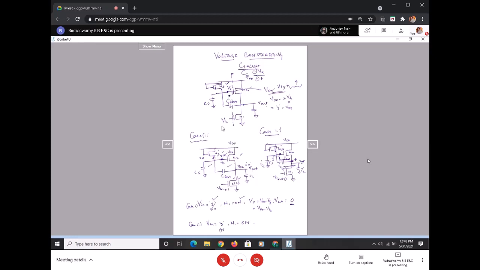And now when Vin becomes 0, this has to go high, and the moment this is going high, because of this capacitance, it will couple this voltage to this Vx. So instead of Vx being VDD minus VT3, it will be something else also.